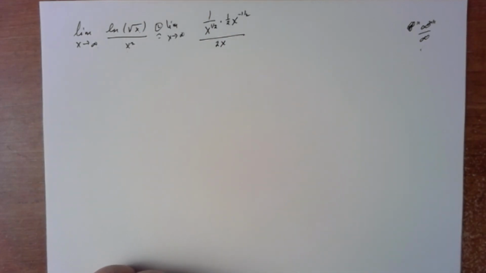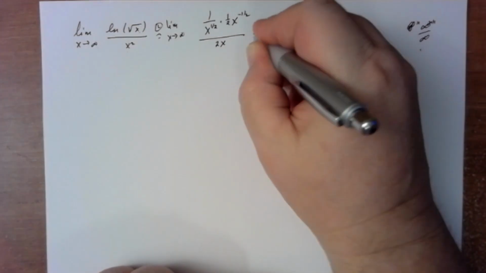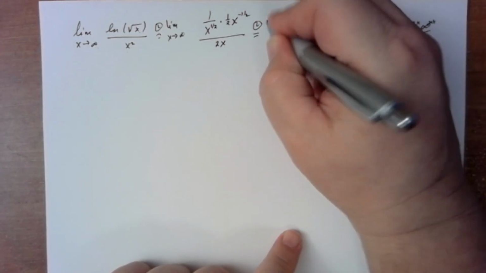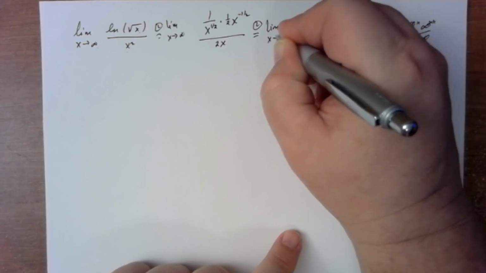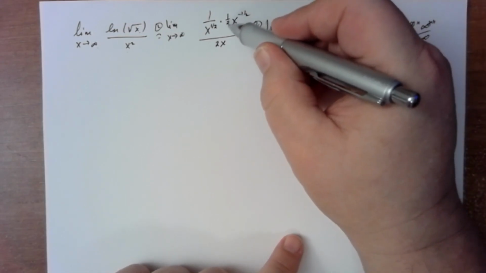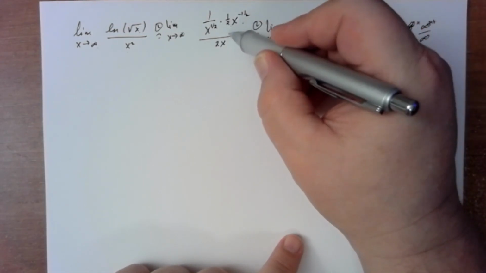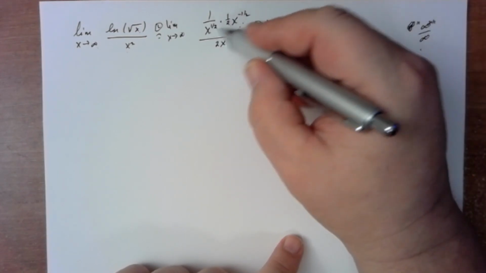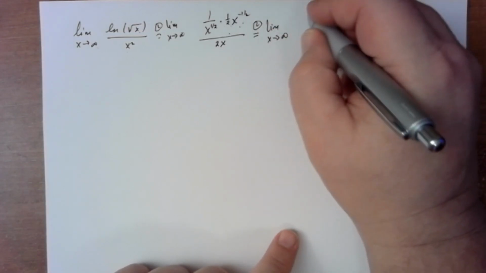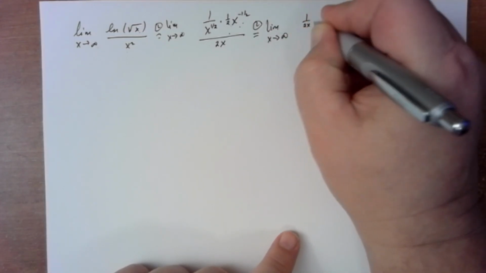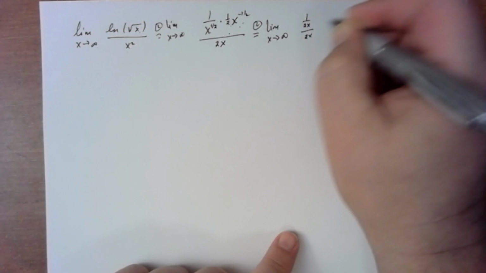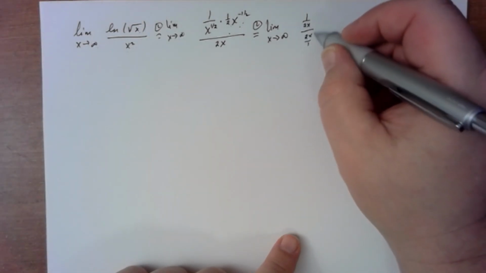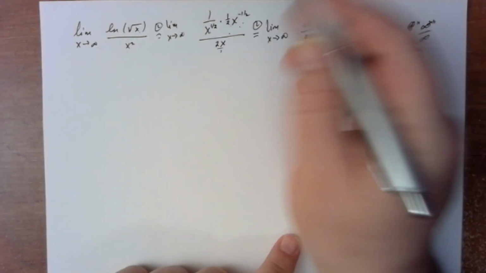Alright, let's simplify things before we take any more limits. We'll just say limit as x goes to infinity there. So the 2 goes in the denominator, and the x to the 1/2 goes in the denominator. Square root of x times square root of x is just going to be x for x positive. So this is going to be 1 over 2x divided by 2x over 1, because this is always over 1.